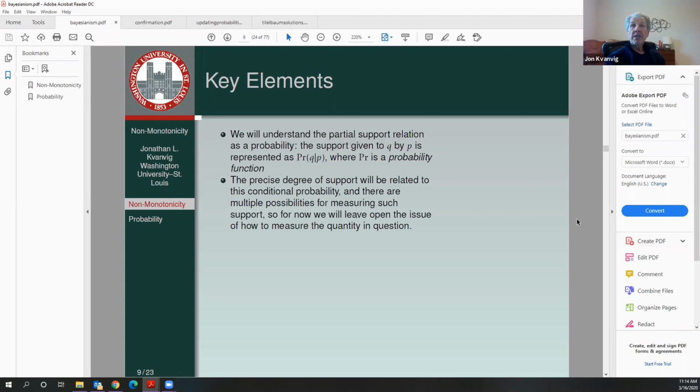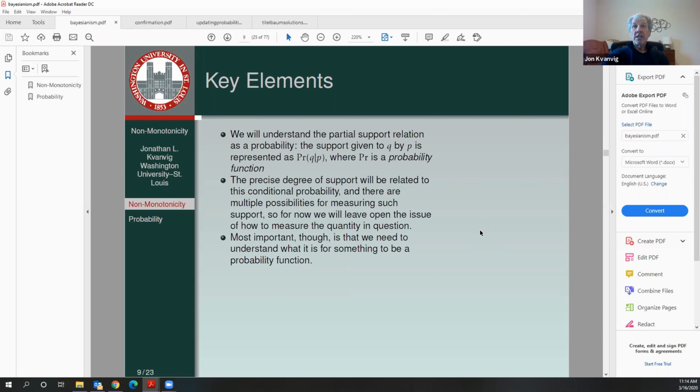The precise degree of support will be related by this conditional probability. And there are multiple possibilities for measuring such support, but we'll just leave open the precise way to measure degree of support. We're just going to start with conditional probabilities, and somewhere along the line, we'll say something about what the measure of support comes to, given the probabilities that we've already learned something about.